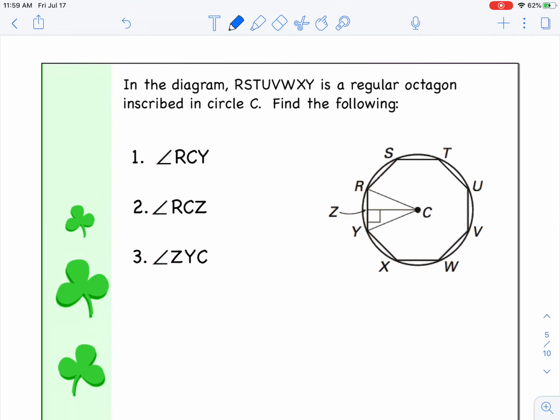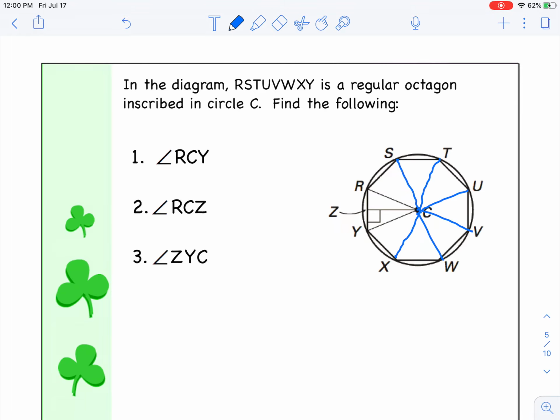All right. Now, see if you can do the same thing with this polygon, RSTUVWXYZ. It's inscribed, okay? And so see if you can find those three angles. The same way I did, you just have a different number of sides. So what that means is you will have a different number to divide 360 by.